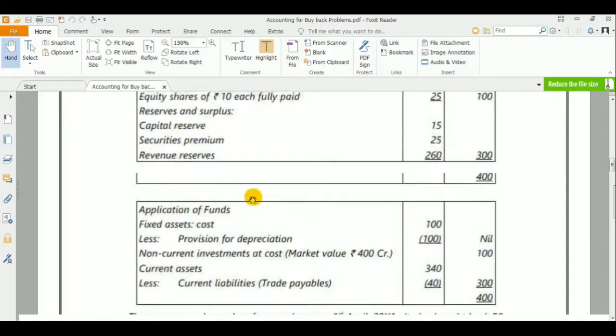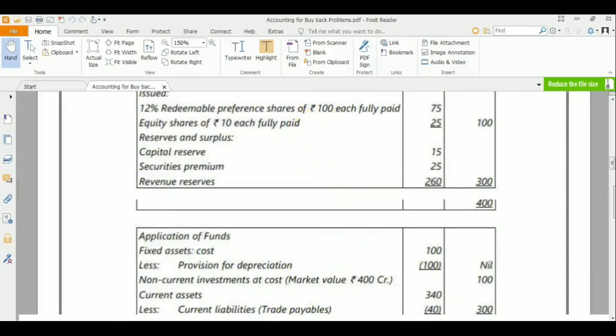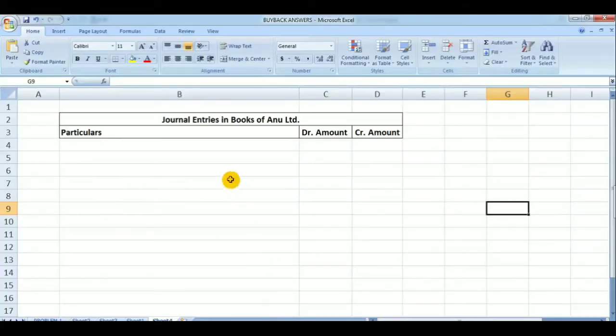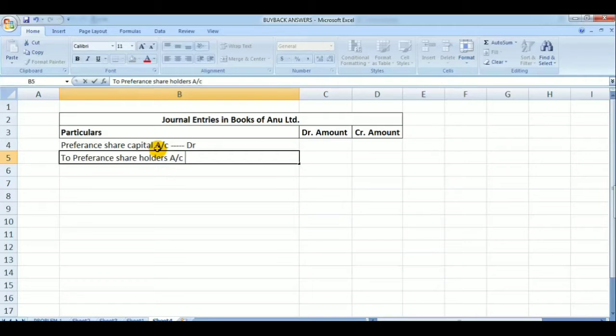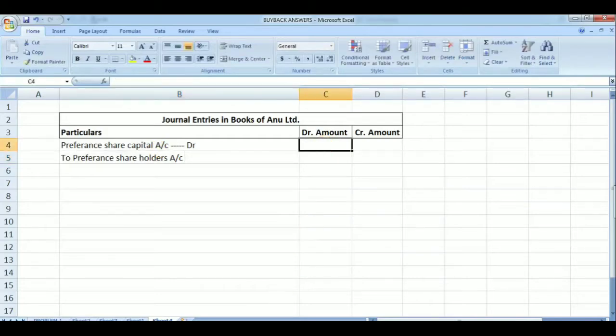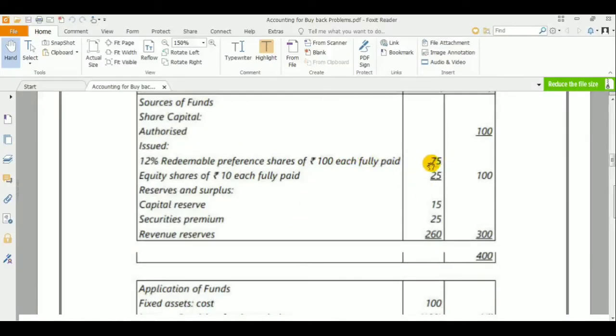We have redeemed the entire preference shares, 75 crores, so the entry will be: preference share capital account debit to preference shareholders account, the amount being rupees 75 crores.